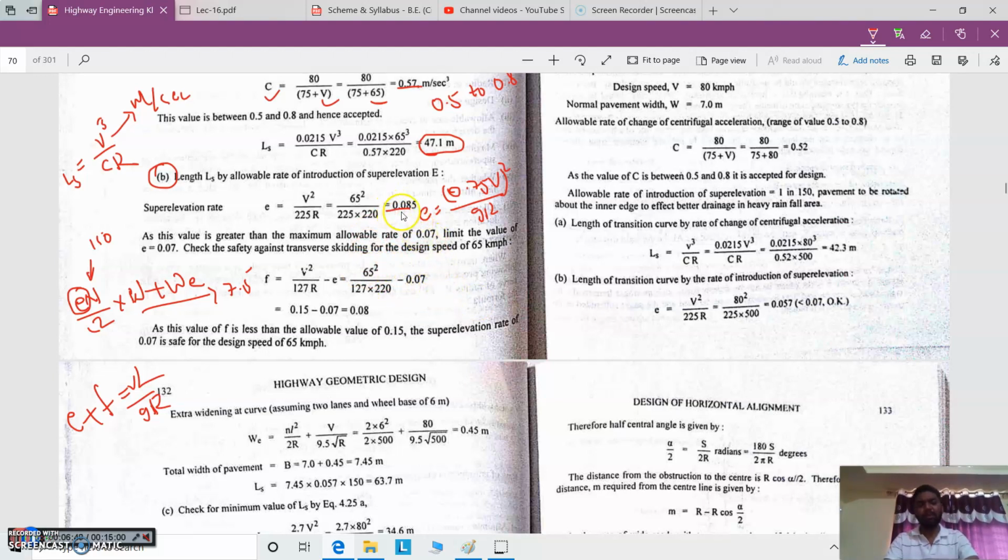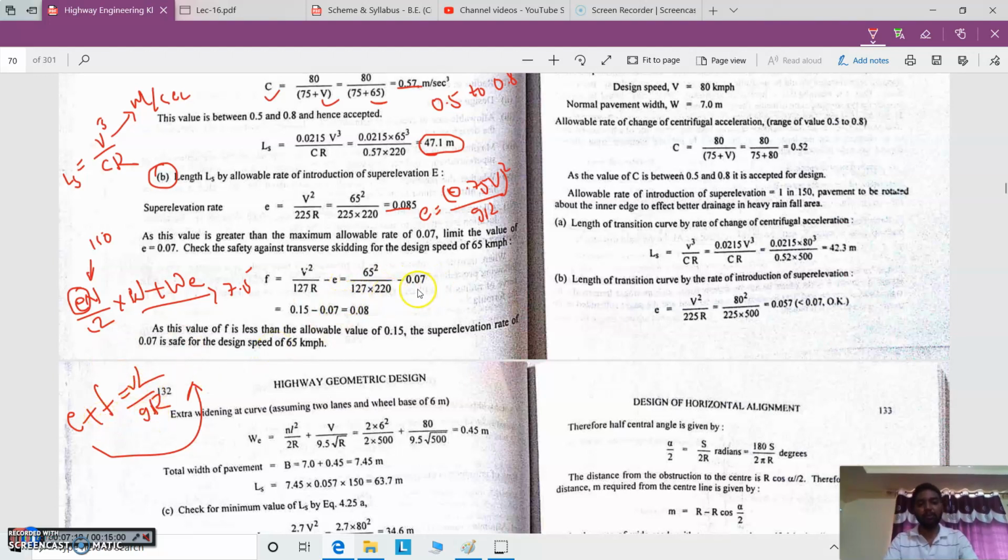If it is less than 0.07, it is no problem, then we go with the obtained value and substitute it here. Then you can calculate the Ls, but the value of e is greater than 0.07 here, so we have to move on to the next step, that is f equal to V square by gR minus e, right?